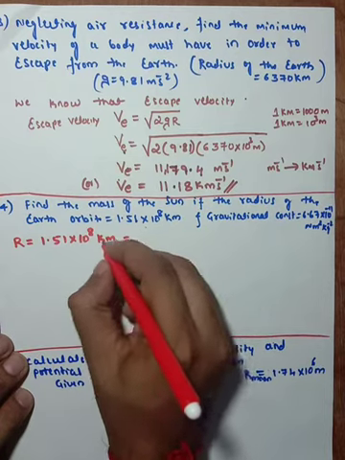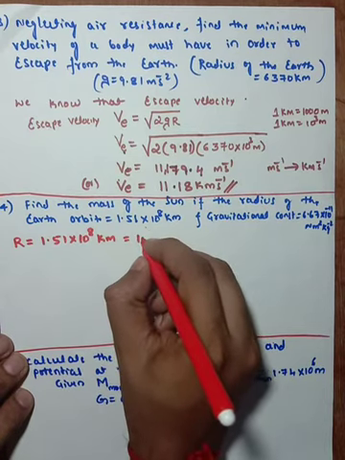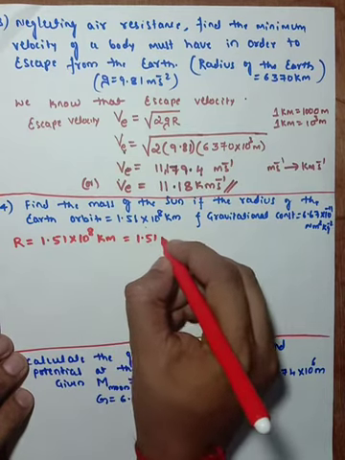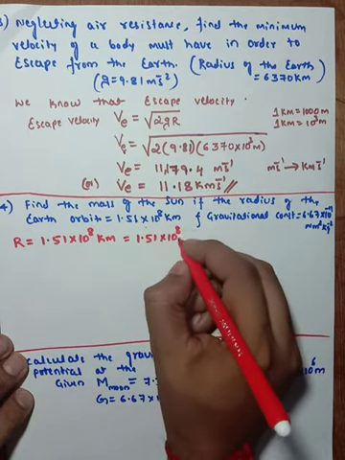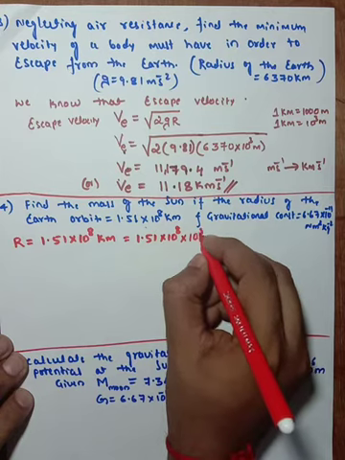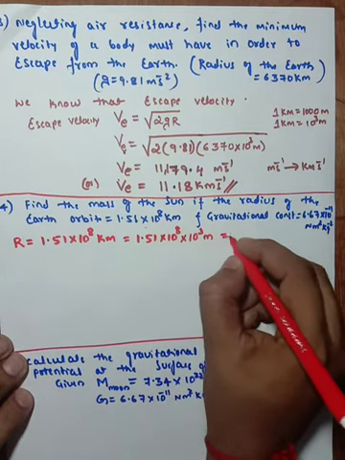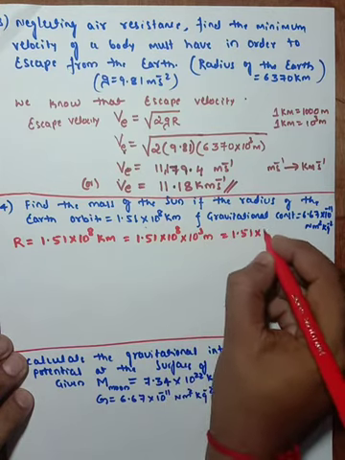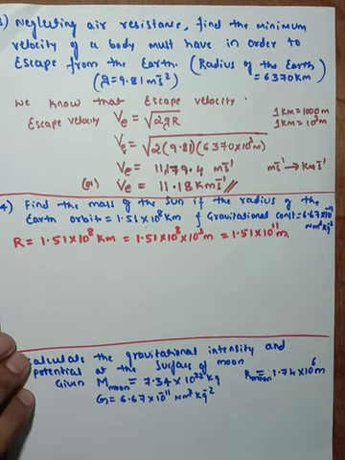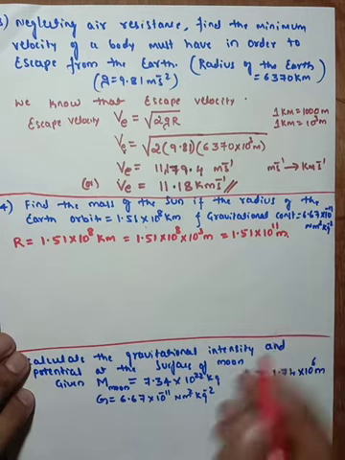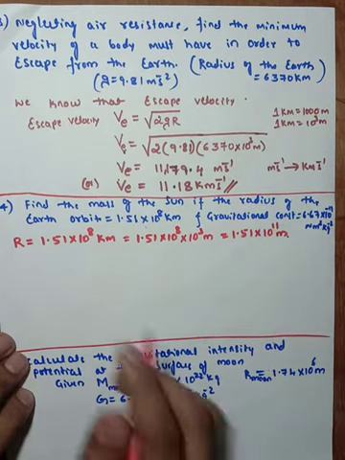Kilo is there, so you can write it this way also, into 10 raised to 3 meter. So in other words, 1.51 into 10 raised to 11. It is better to simplify.